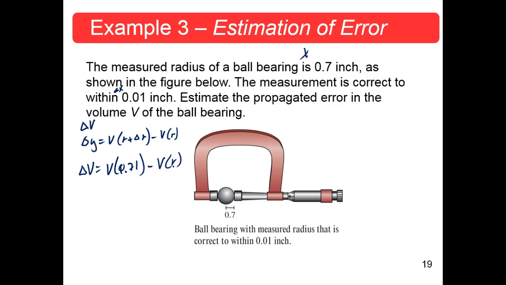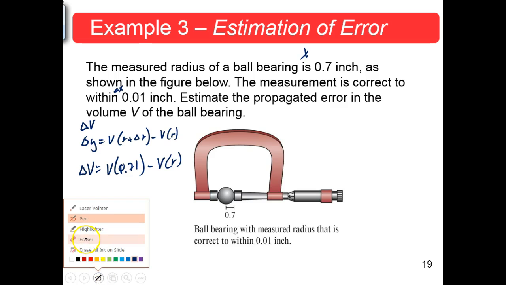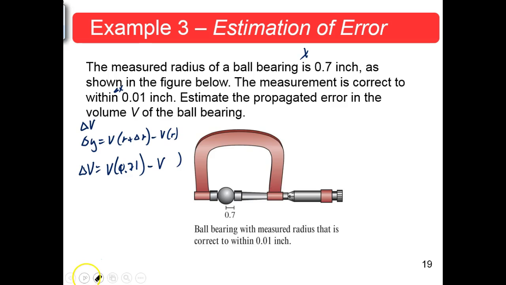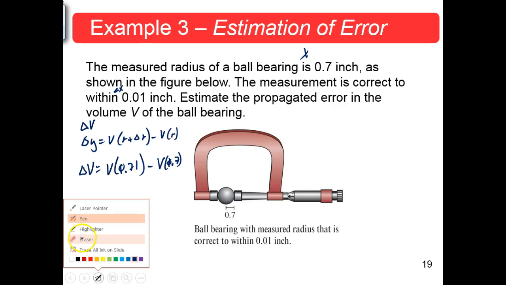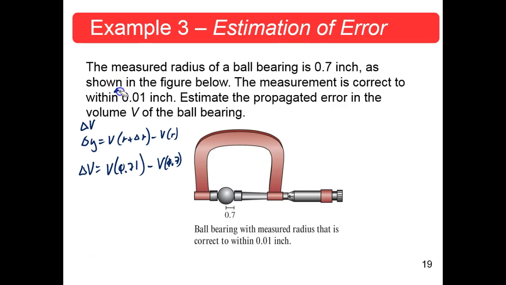Now, what is your volume? Okay, your R was 0.7. So let me go back and change this. This is R, and that's your delta R. The measured radius, R, is equal to 0.7.